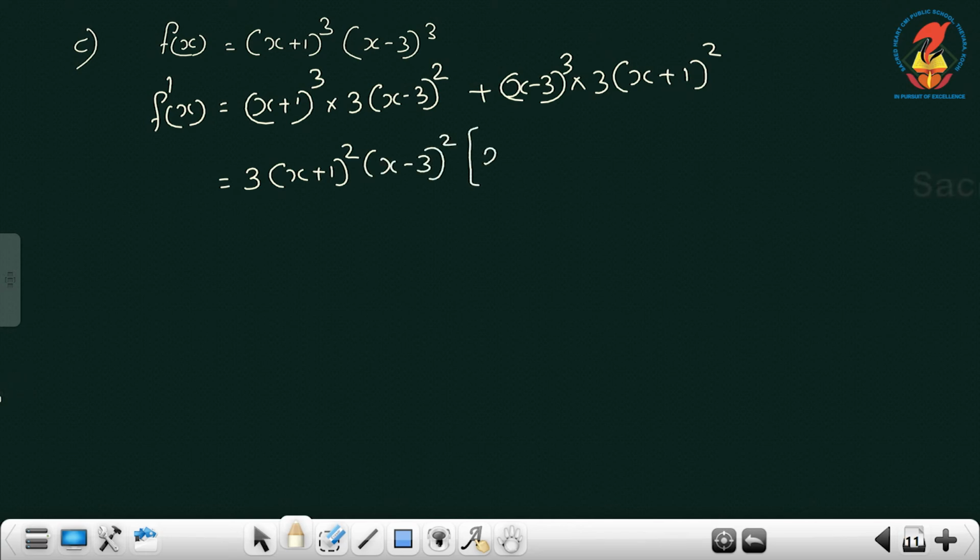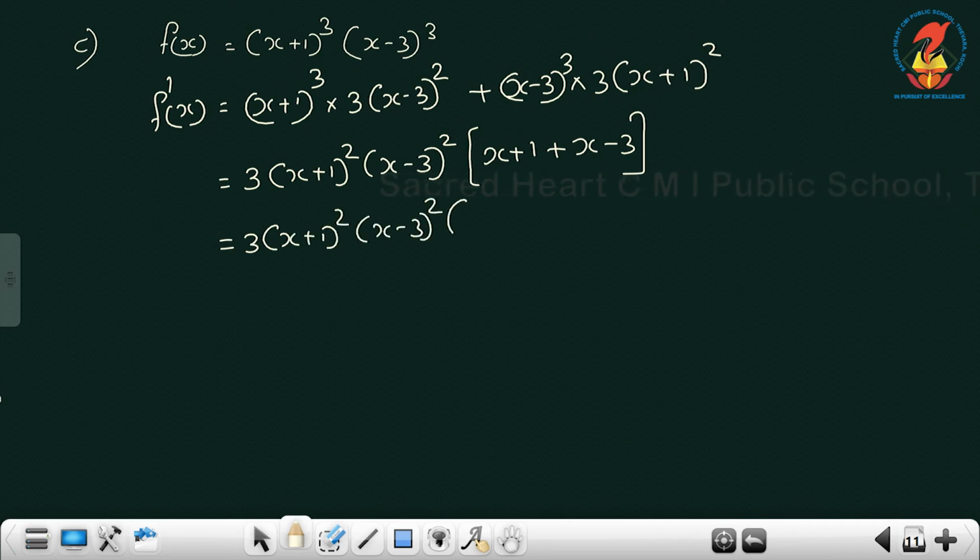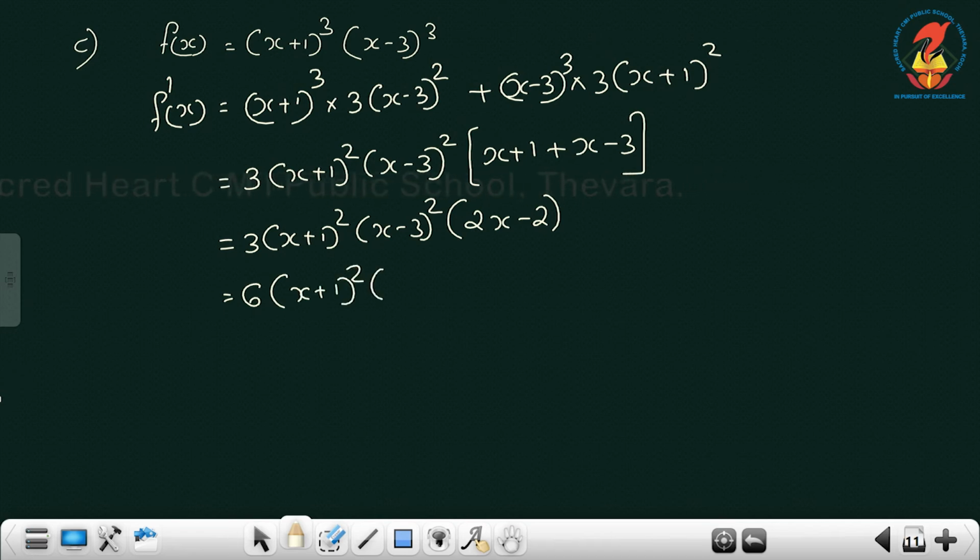In the bracket we have x plus 1 and x minus 3. Again simplify that bracket. Here 2x minus 2. 2 is common, taking out 2, 2 into 3 becomes 6. 6 into (x plus 1) whole square into (x minus 3) whole square into (x minus 1). That is f dash x.